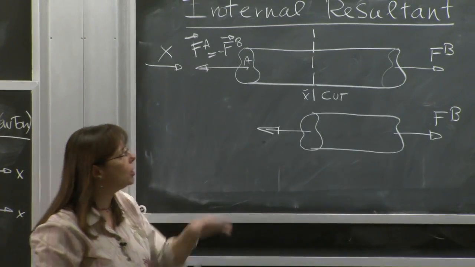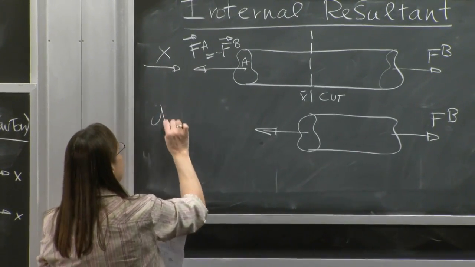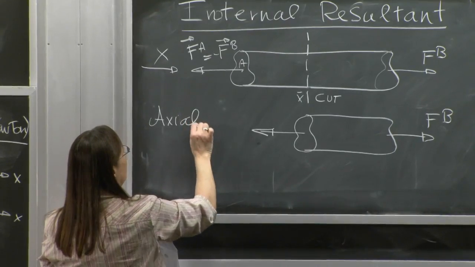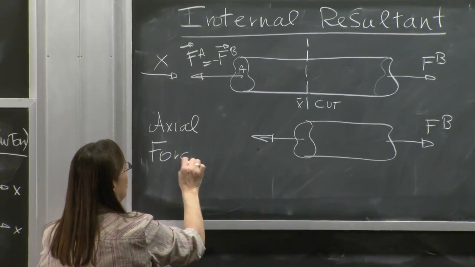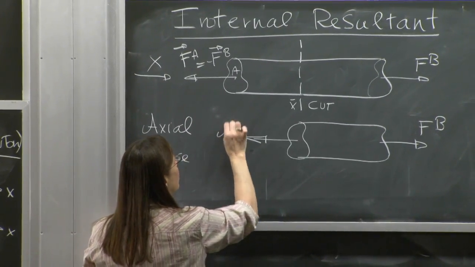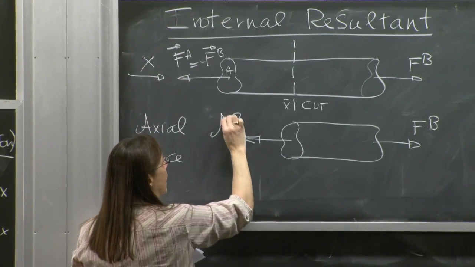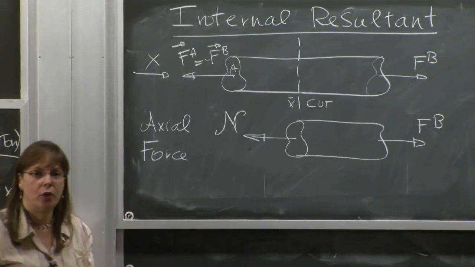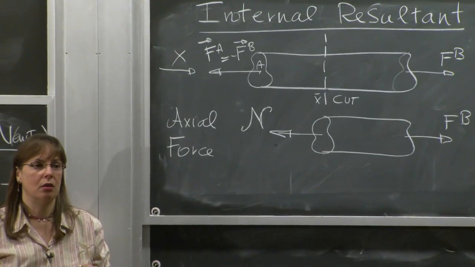Because it's acting along the axis of the structure, we call this force an axial force. We use the symbol curly N, an N with a curl to indicate axial forces.